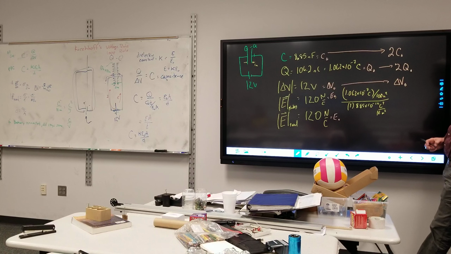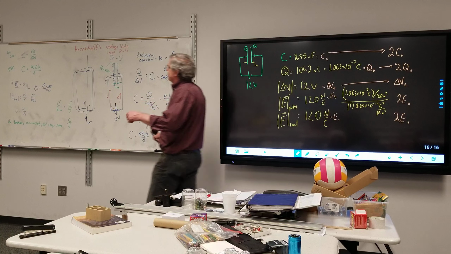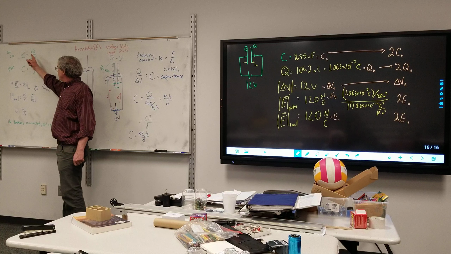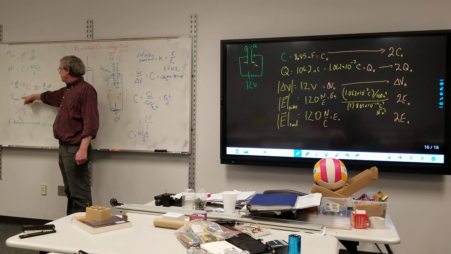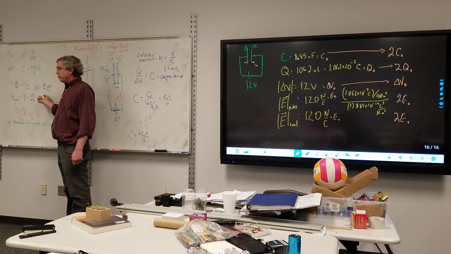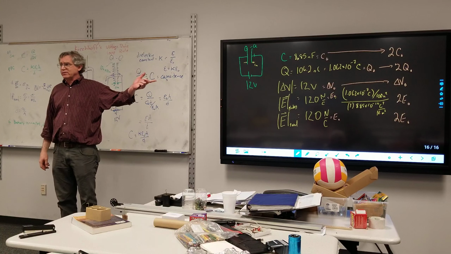Why half? Because the voltage is divided by the distance. Or no, the distance is being halved, so never mind, it doubled. It would double. And there's no dielectric. You could also approach it from this point of view: if Q's doubled, sigma doubles. The bottom stays the same, so the electric field from the plates would double. And because there's no dielectric, that's the same as the total.